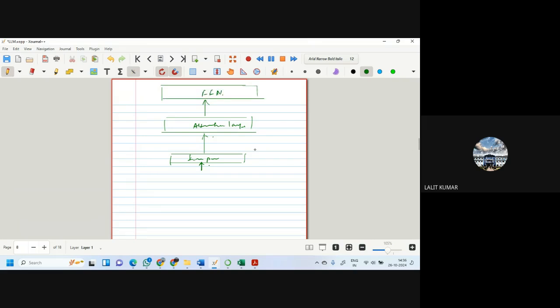To allow the gradients to pass, we apply this layer norm. Whatever output we have got from the attention layer, we do one normalization at the input also, like we used to do in deep learning, and then we do it here also. So we add the residual and do the normalization.